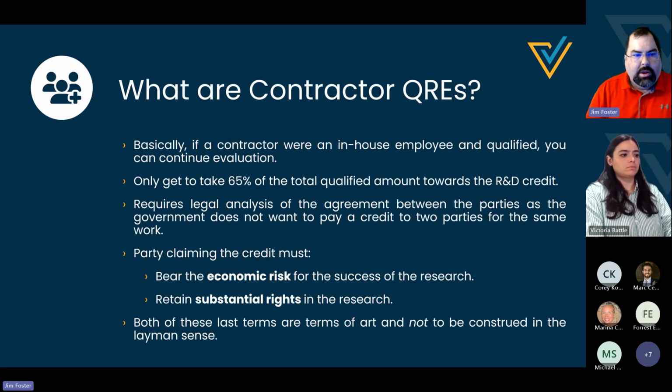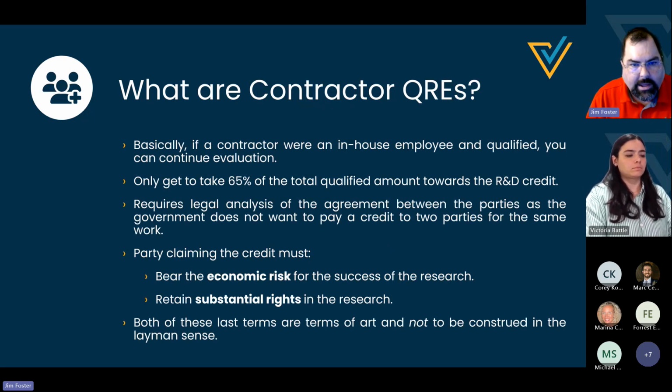Now, contractor QREs. Basically, if the contractor were an in-house employee and qualified, you can continue the evaluation for the contractor. If you ultimately qualify a contractor, however, you only get 65% of the amount as a QRE. And that's because it's a statutory cut.